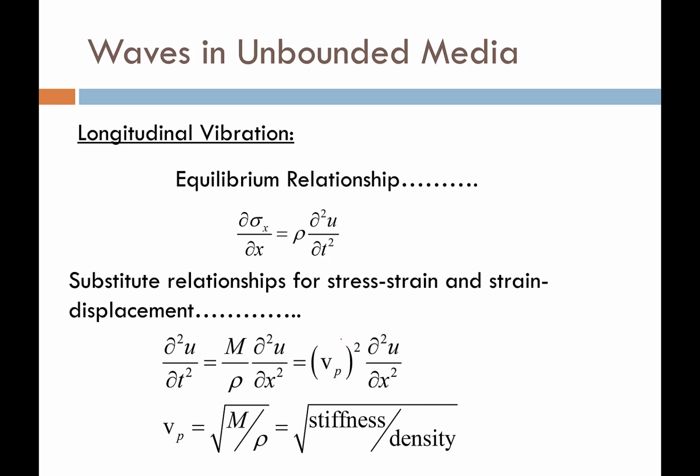So what we end up with is this term Vp, and again remember that's the p wave velocity. That's the propagation velocity of a p wave in our rod. Okay.